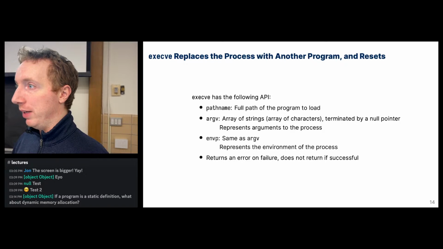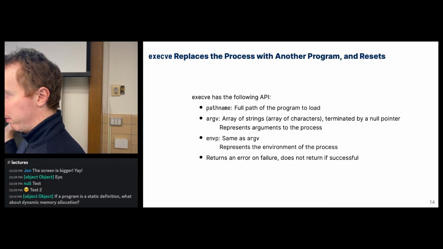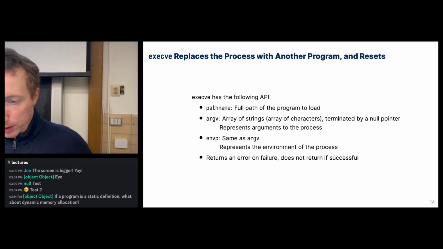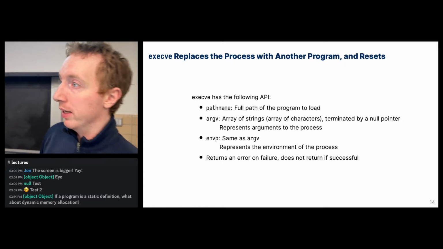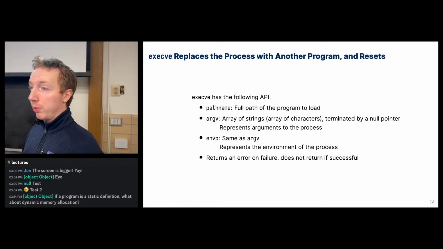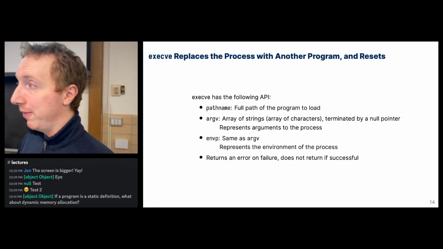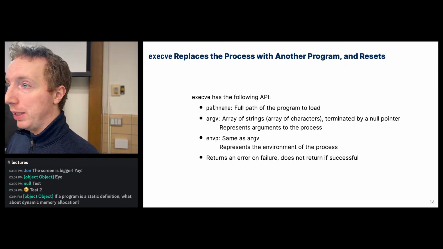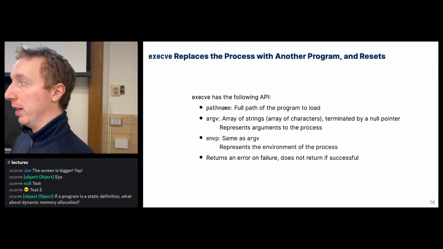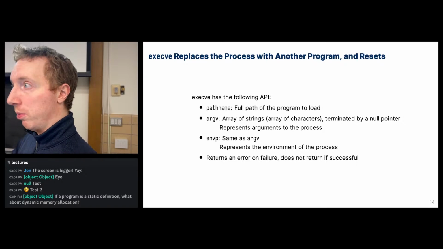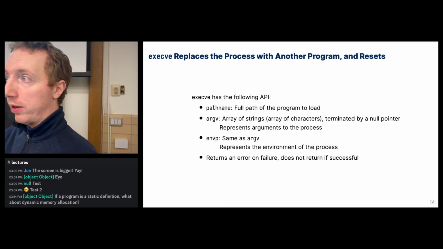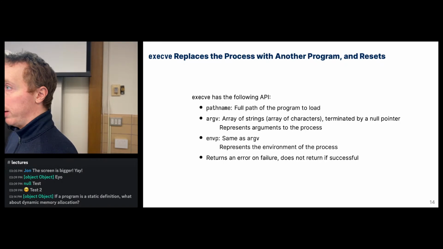If you type env, all that stuff gets passed as well. If it returns, it returns an error. If it's successful, it doesn't return because your process is now something else. It loads whatever that executable is and starts executing it, and your process is now gone.